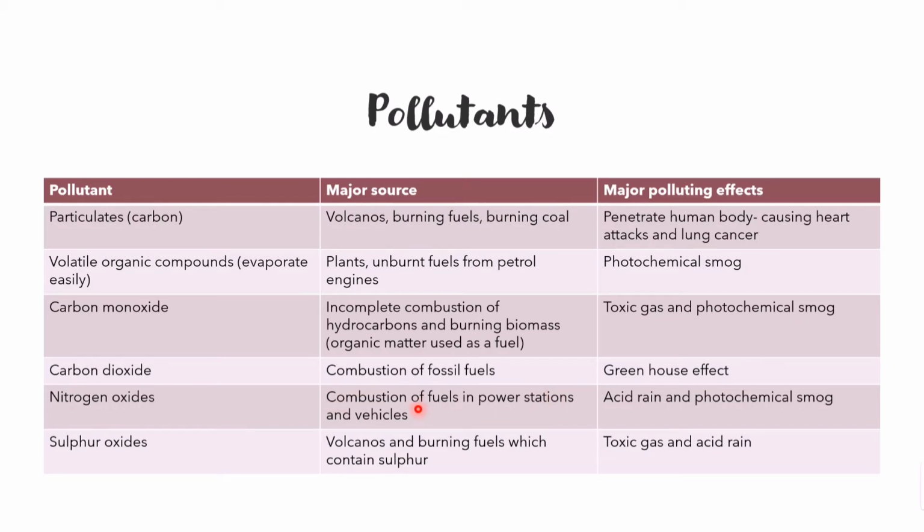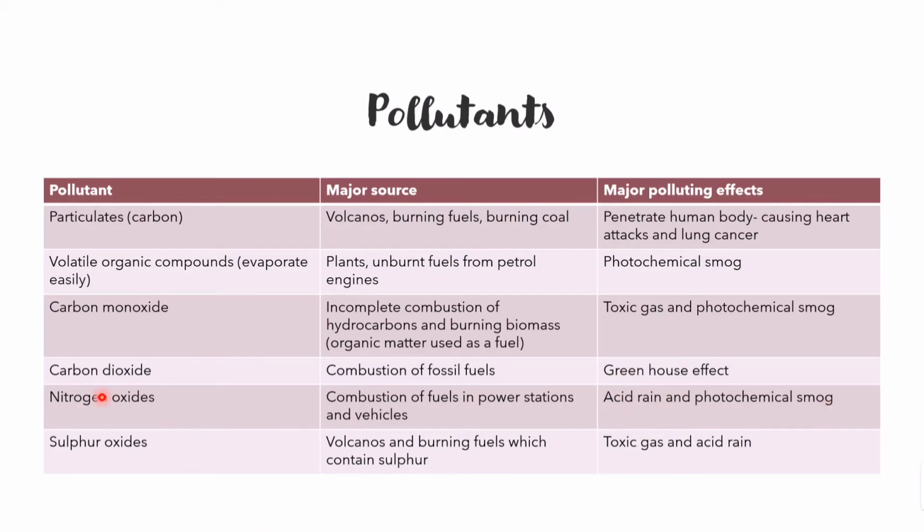Under the high heat of the vehicle's engine or in the power stations, nitrogen and oxygen can bond. And this produces acid rain and photochemical smog.